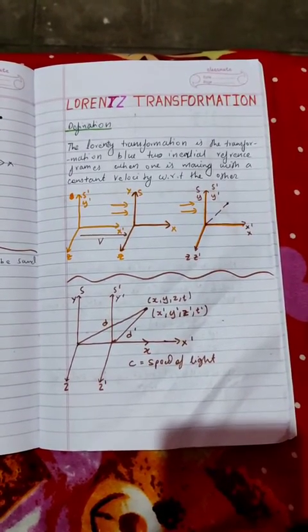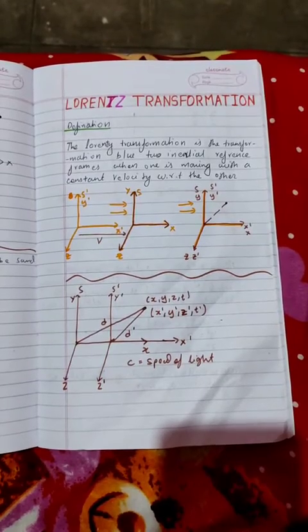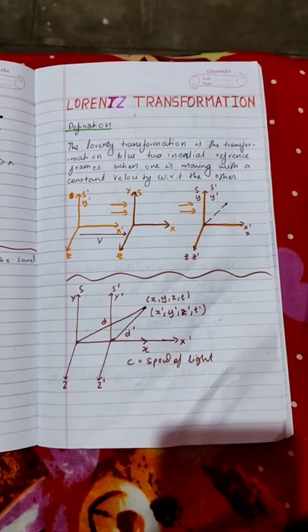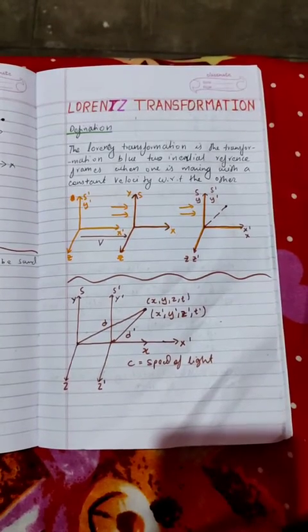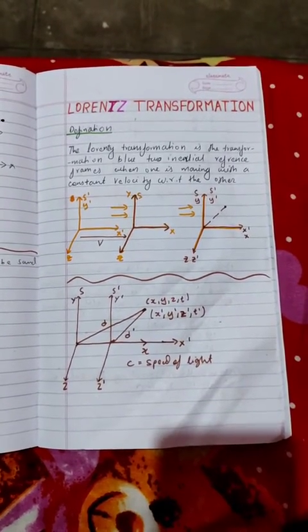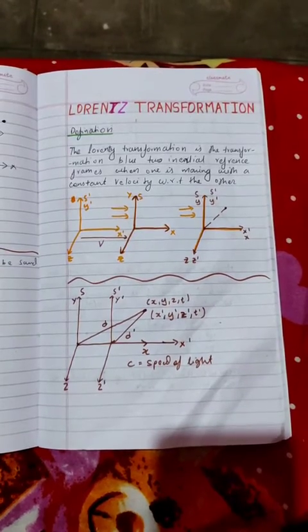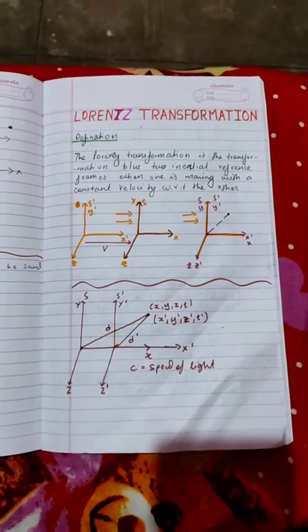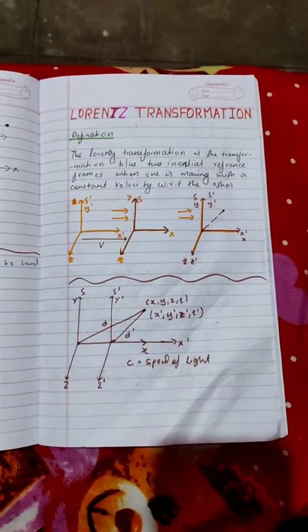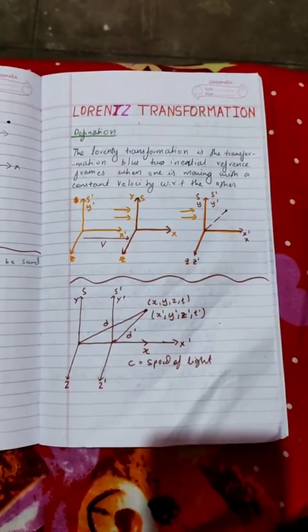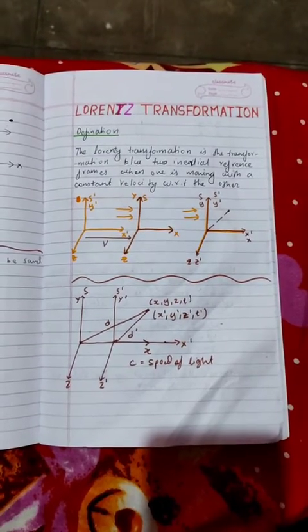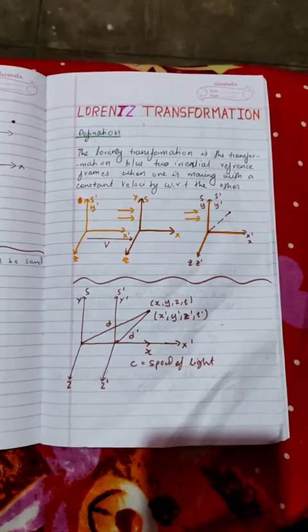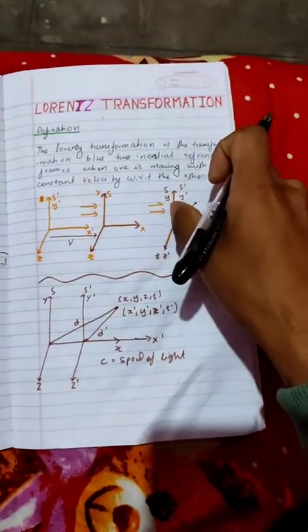With the help of the Lorentz transformation equations, we can derive the consequences of Einstein's theory of relativity like time dilation, length contraction, variation of mass with velocity, and E equals mc squared. All these theories are derived from the Lorentz transformation, so it is very much necessary. Now we'll go to the definition.